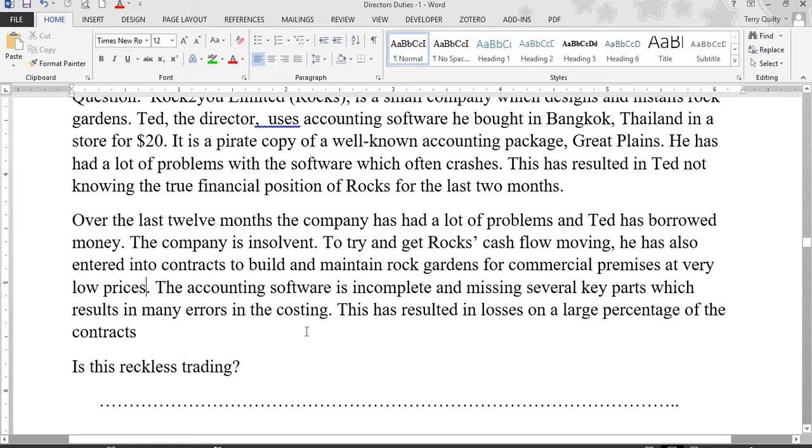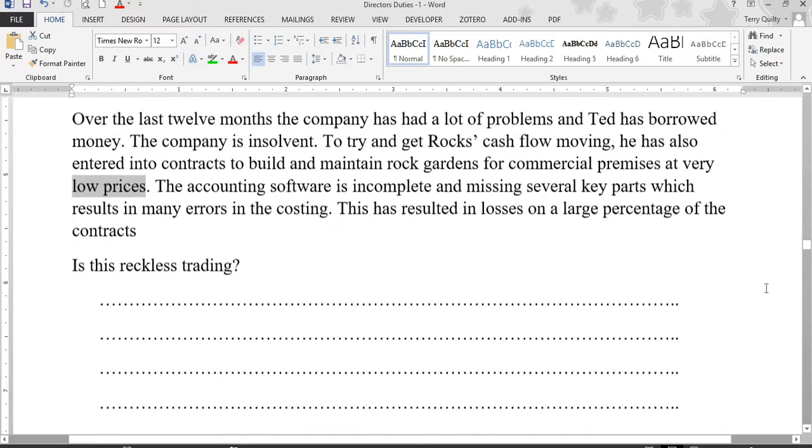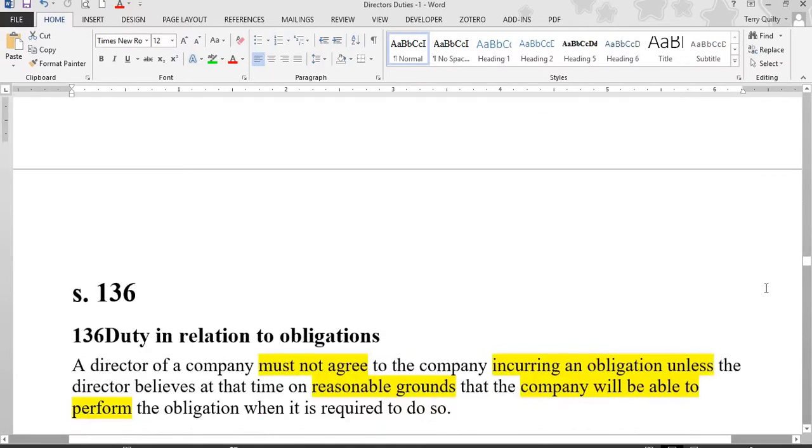The lack of accounting software means there is a serious risk that the financial data is incorrect. The low prices create a financial risk, and combined with the fact the company is currently insolvent and that future contracts will not deliver increased solvency, this is very much a scenario which is highly likely to lead to risks to creditors. So I think we can safely conclude it's reckless trading.